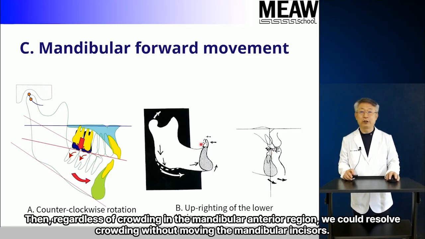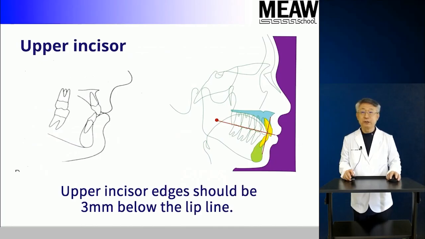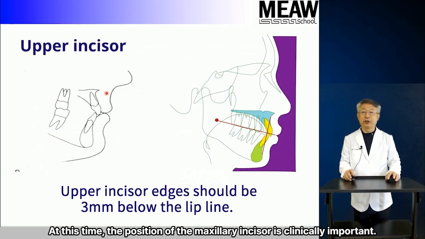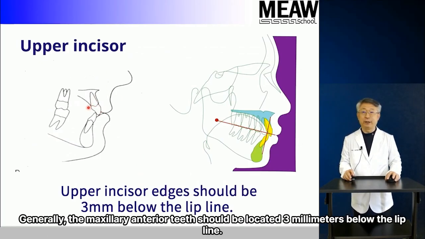Then, regardless of crowding in the mandibular anterior region, we could resolve crowding without moving the mandibular incisors. At this time, the position of the maxillary incisor is clinically important. Generally, the maxillary anterior teeth should be located 3 mm below the lip line.